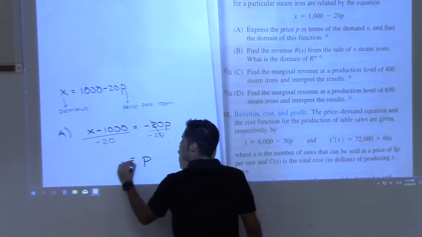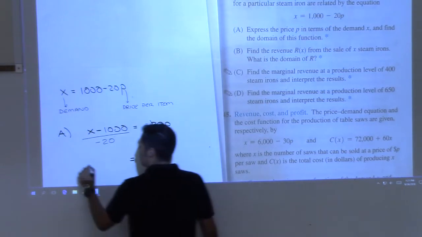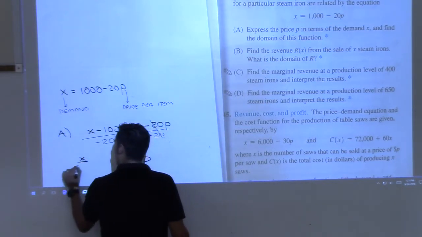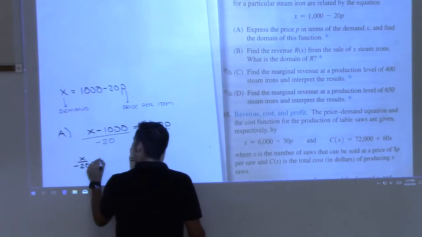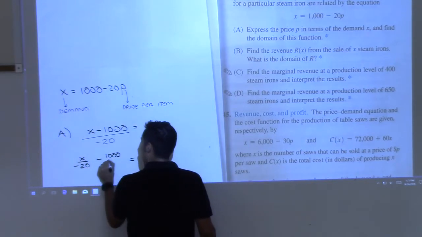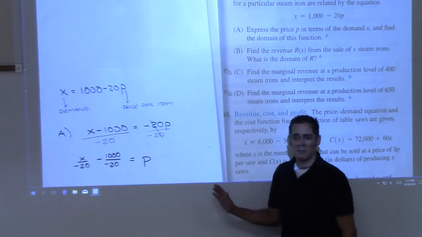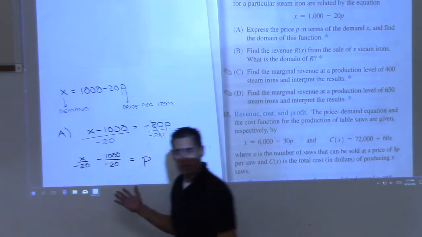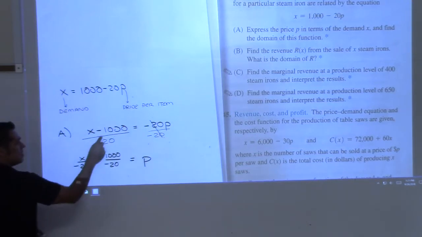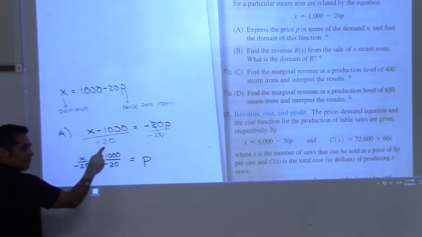Price is equal to x over negative 20 minus 1,000 over negative 20. So I've split this up into two fractions. Is that fair for me to do? I do x over this and minus 1,000 over this.